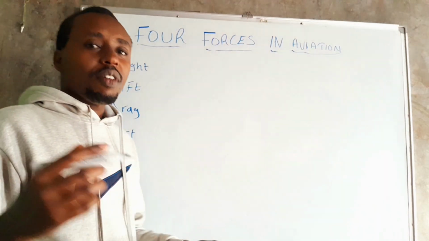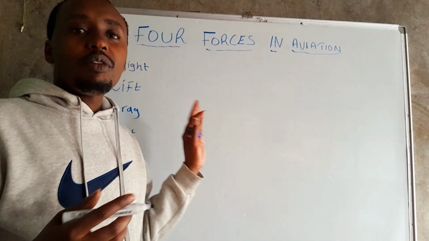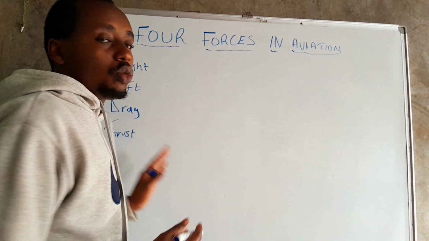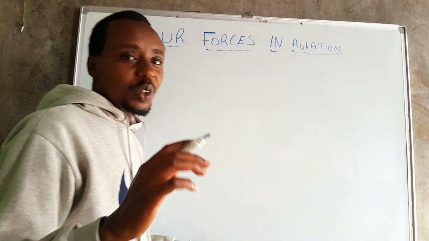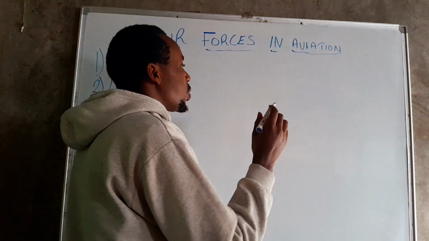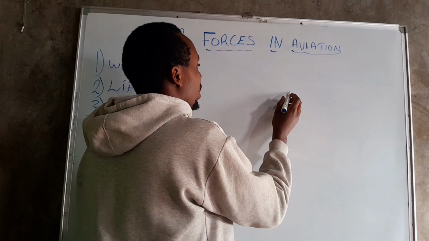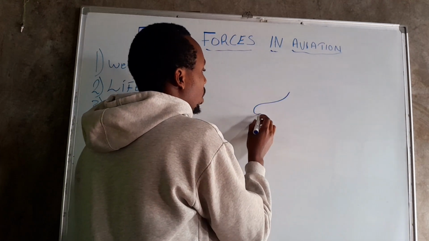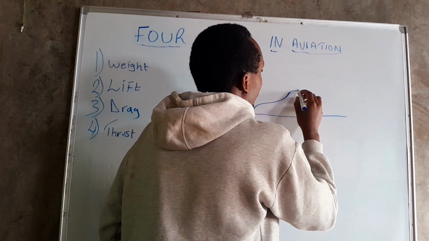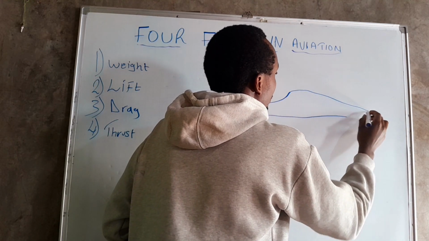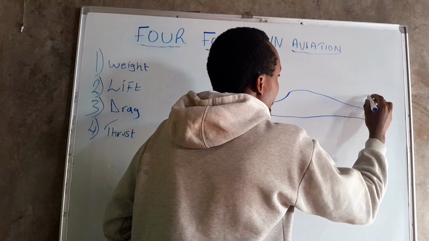In order for us to have more understanding about these forces, I'm going to have a small sketch of an aircraft. But I'm not good at drawing. So I'm going to have just a small drawing of an aircraft. Yeah, like that. So don't laugh at my drawings, guys.